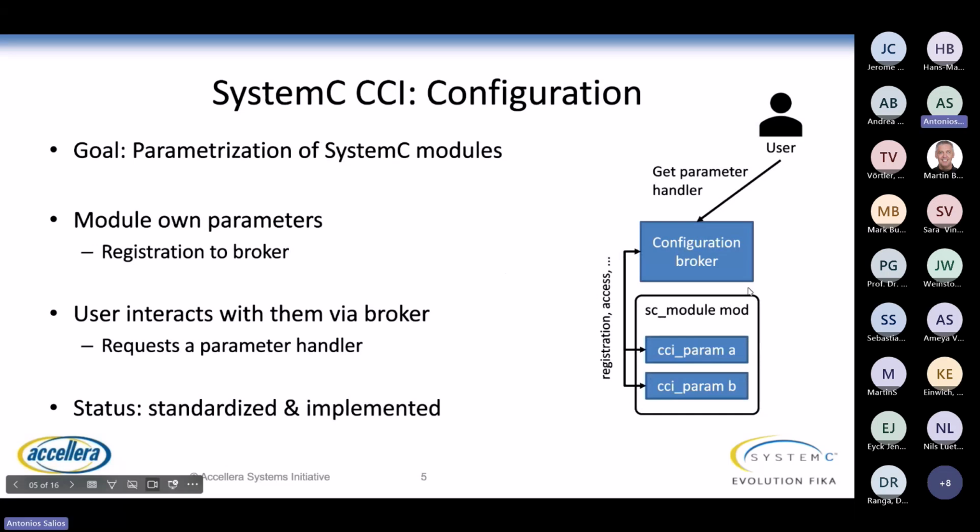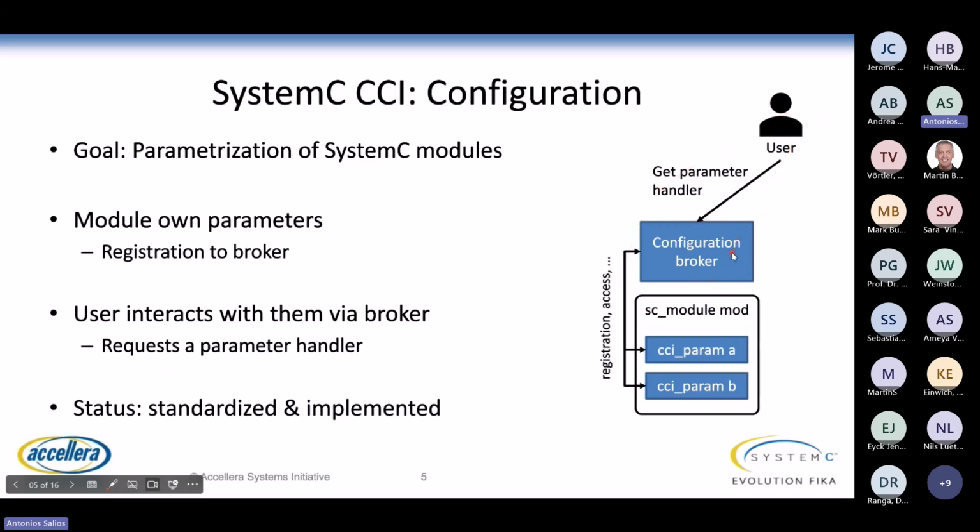It works like this. Let me open the laser pointer. Here we have our SystemC module, which owns some parameters. These parameters will be registered at a global broker. This broker acts as a bridge between the user and the simulation itself.